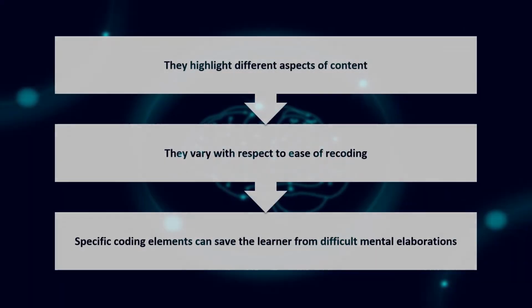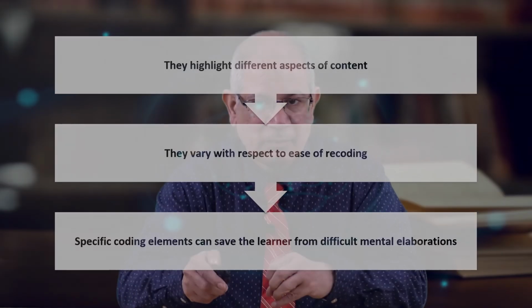First, they highlight different aspects of content. Second, they vary with respect to ease of recording. Third, specific coding elements can save the learners from different mental elaborations by overtly supplanting or short-circuiting specific elaboration.